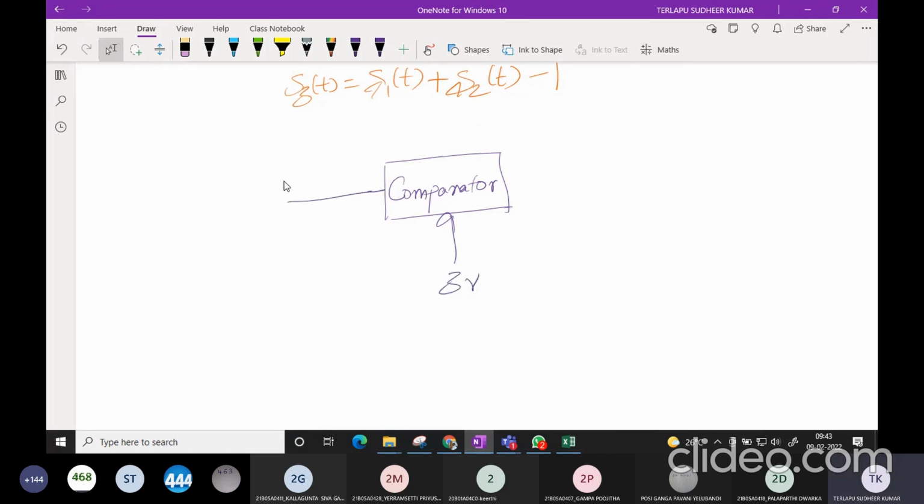Now, if the input signal, say M of t or S of t, is more than 3 volts, then my output signal is, say, 5 volts. If M of t is less than 3 volts, my output signal is 0. Did you get my point? Is that clear?